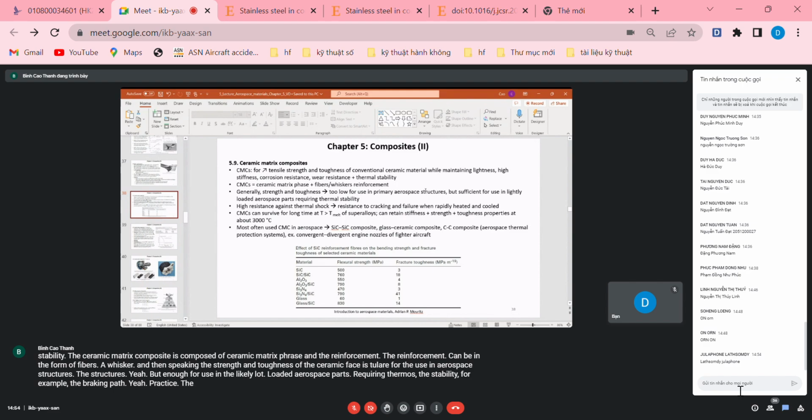The ceramic matrix composite is highly resistant against thermal shock because it's thermally stable. And the ceramic matrix composite resists cracking and failure when the part or the structure is rapidly heated and cooled.